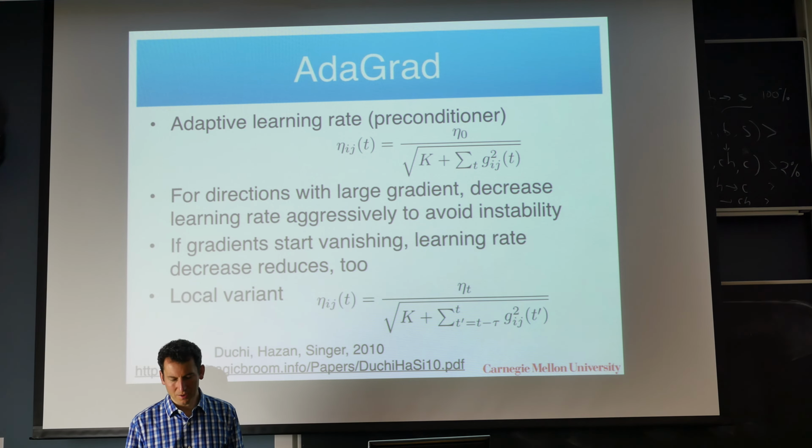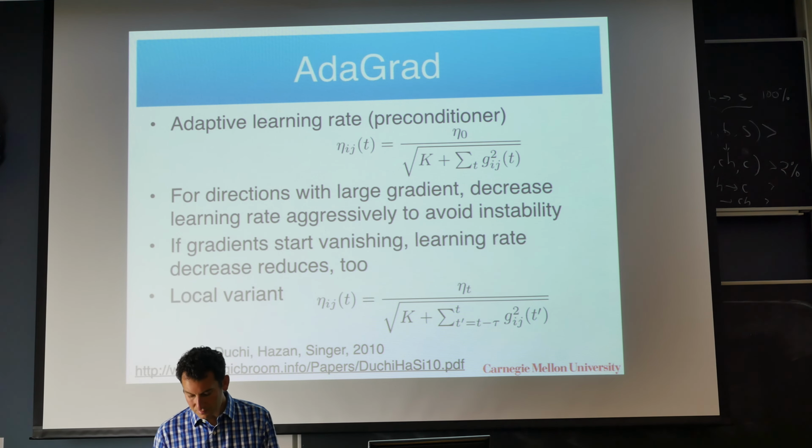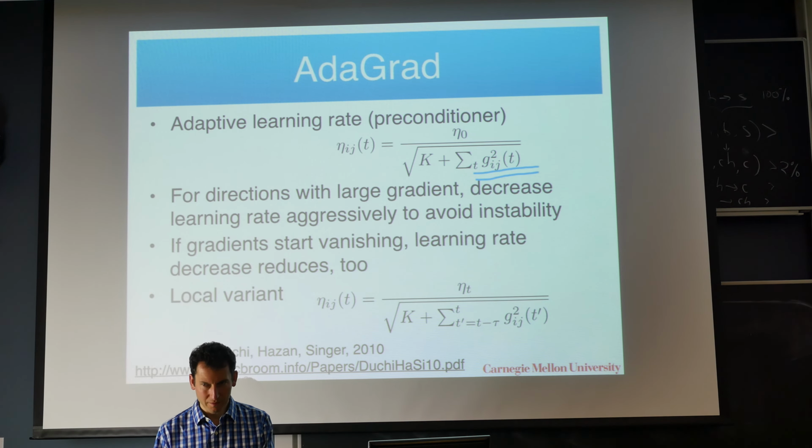So what you can do, though, is you can just look at the magnitude of the gradients at previous steps. And so rather than having a given learning rate schedule, you make it adaptive. You basically use the past gradients squared.